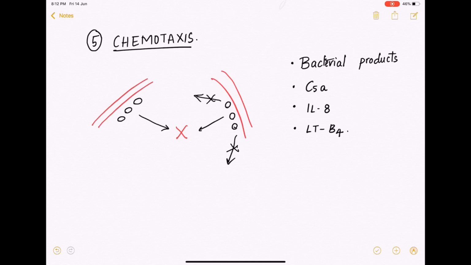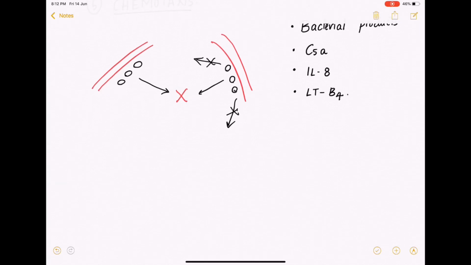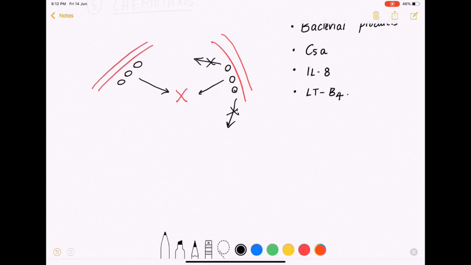This unidirectional movement of the WBCs is brought about by a certain set of chemicals which are called chemotactic agents, and this unidirectional movement is itself called chemotaxis. So how exactly are these chemotactic agents actually helping us?